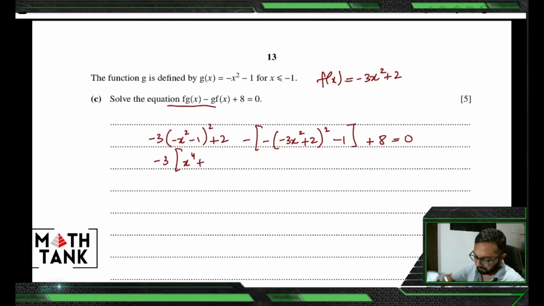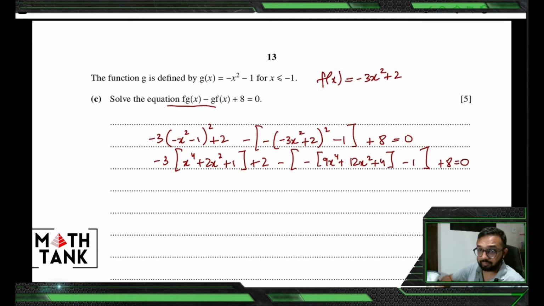This becomes x power 4 plus 2x squared plus 1, as I just told you in the previous question. Let's first expand this. 9x power 4 plus 12x squared plus 4 minus 1 plus 8 equals to 0. So minus 3x power 4 minus 6x squared minus 3 plus 2.